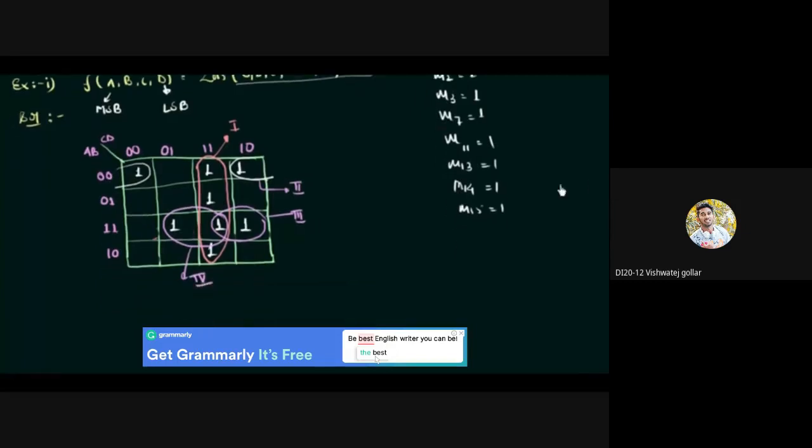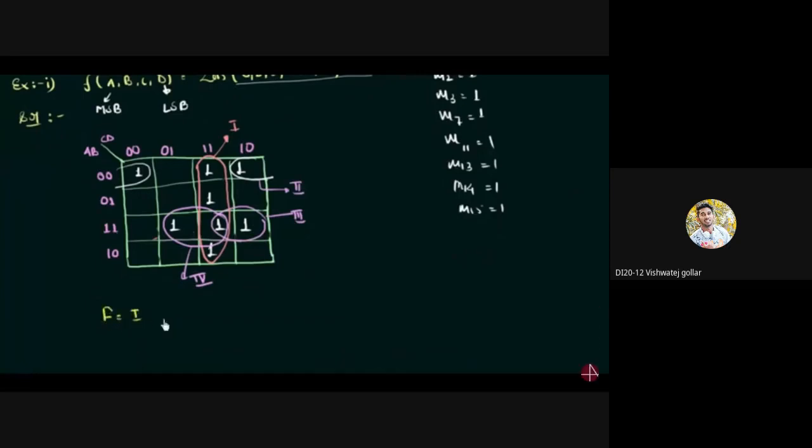Now we will write down the function. Function f is equal to the first prime implicant plus the second prime implicant plus the third prime implicant plus the fourth prime implicant.